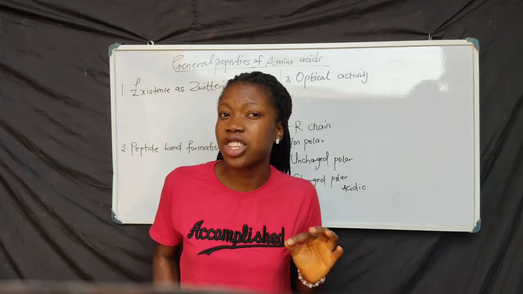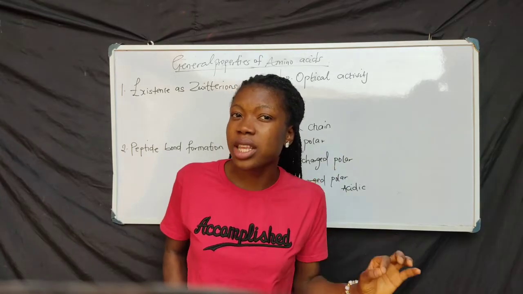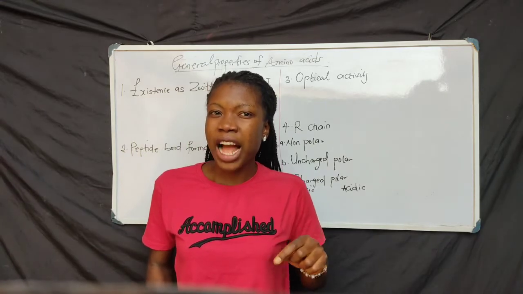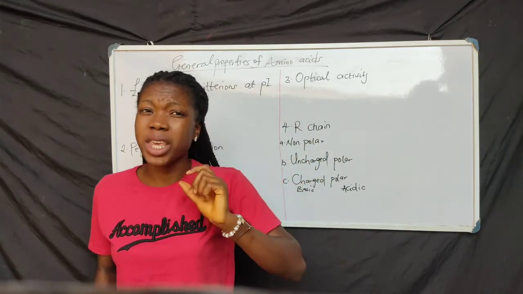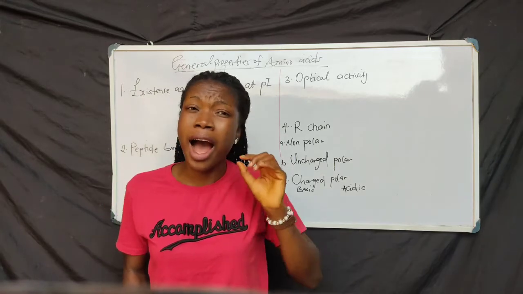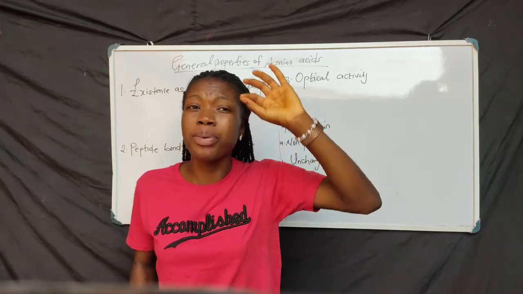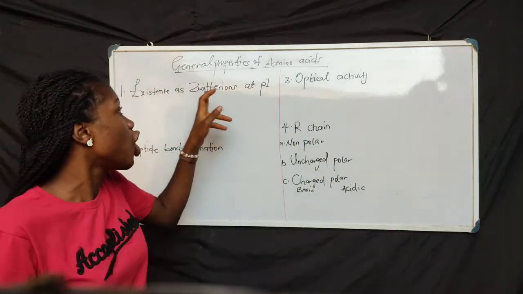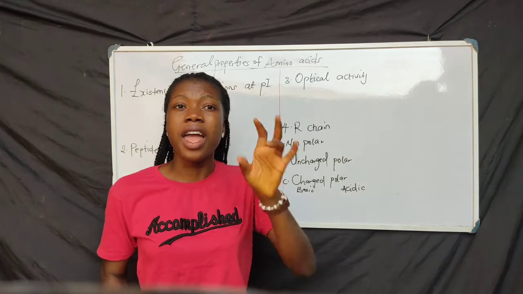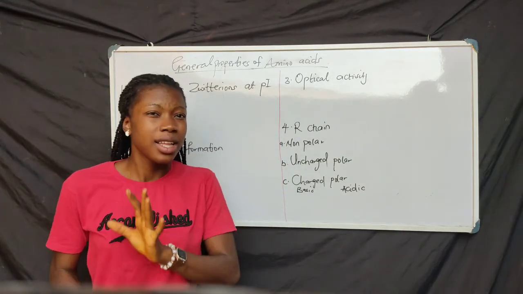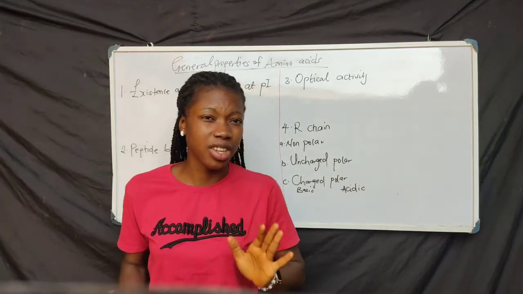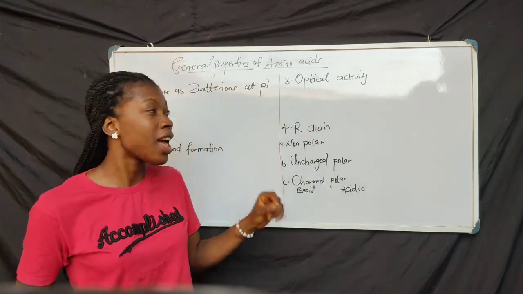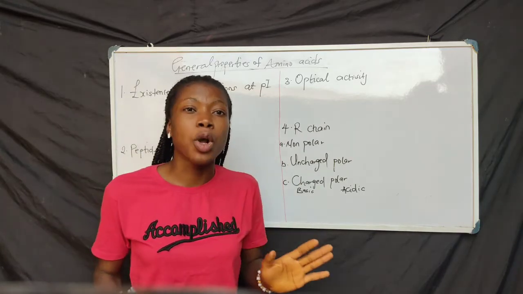This occurs at a particular pH. All the different amino acids have that particular pH where they exist as zwitterions. That particular pH is called the isoelectric point, and at this point, the amino acid becomes insoluble.